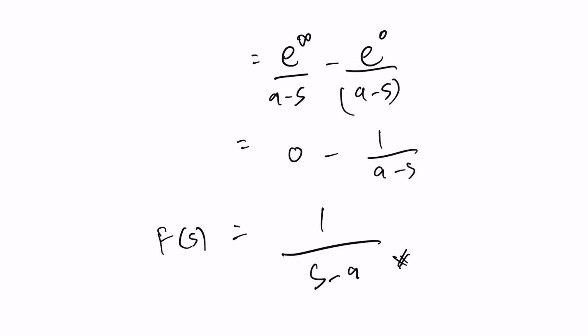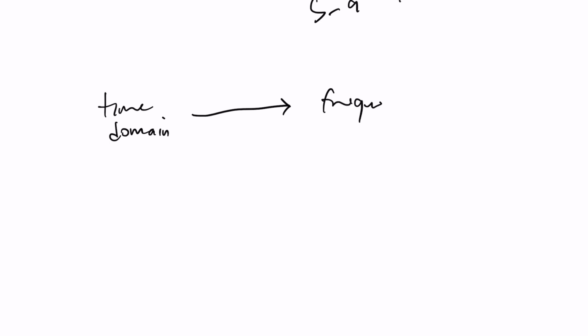So here, let's summarize what we have learned so far. The Laplace transform converts the time domain into the frequency domain. Time domain is f(t) and frequency domain is F(s), and it simplifies the process of solving differential equations.